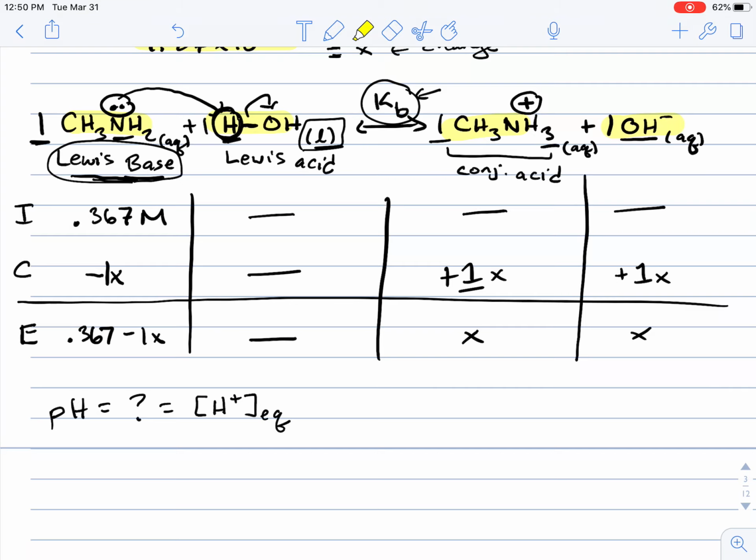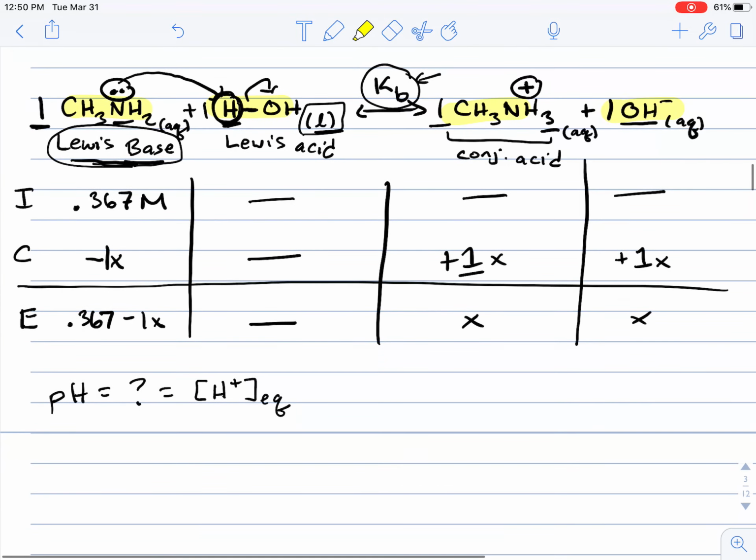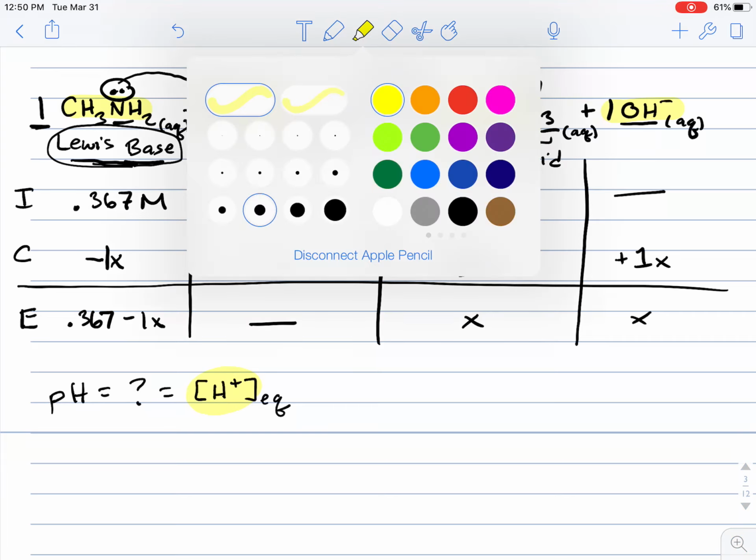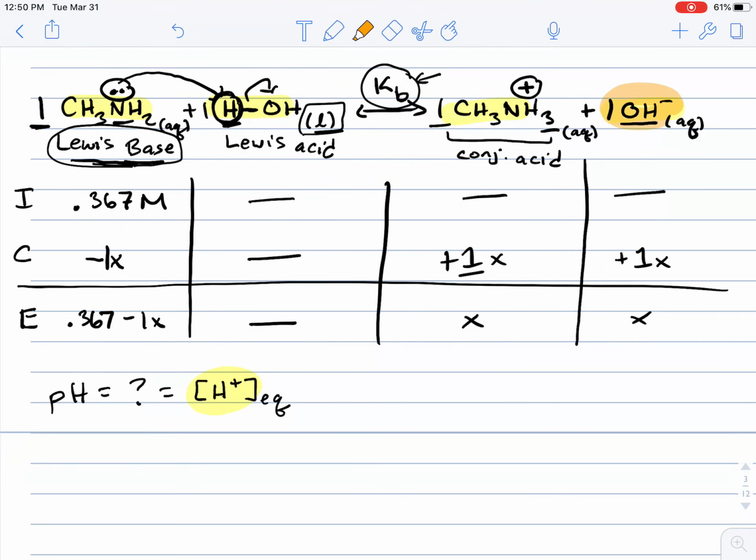Well, if you recall the relationship between acids and bases, we can still figure out the concentration of H+ if we determine the concentration of OH at equilibrium. I should not have highlighted that.